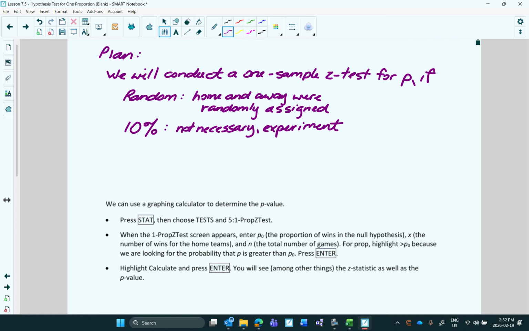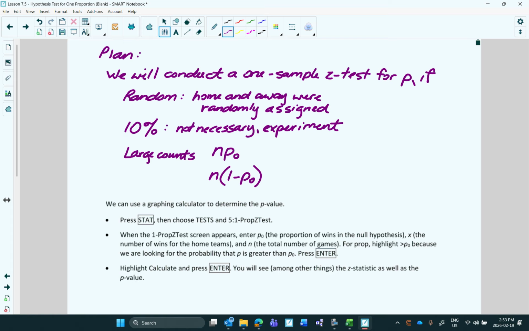And then the last one is the large counts. And those are the ones that are greater than or equal to 10. So what do we have to calculate? We have to calculate the sample size times the null value, and the sample size times 1 minus the null value. Just like when we did confidence intervals, we did n times the sample proportion, n times 1 minus the sample proportion.